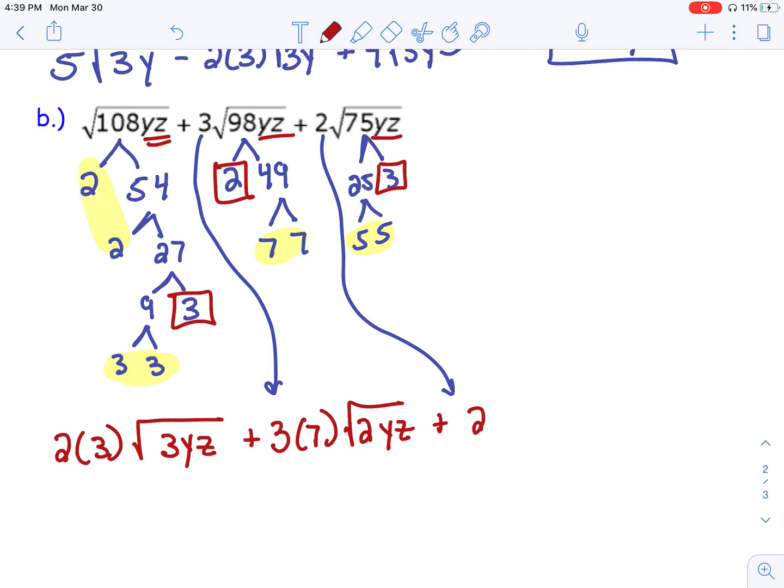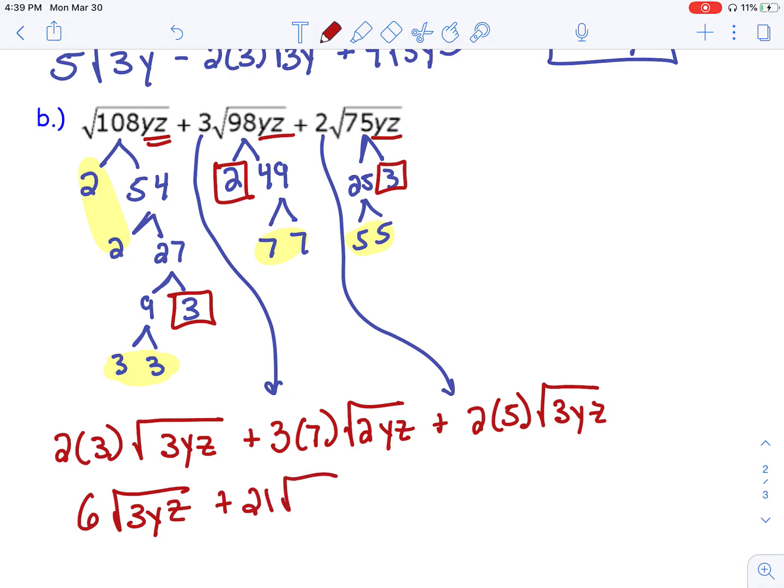Don't forget my y and z. I have to take out a 5. So my final answer is 6, not my final. My final simplified radicals are 6 radical 3yz, 21 radical 2yz, plus 10 radical 3yz.